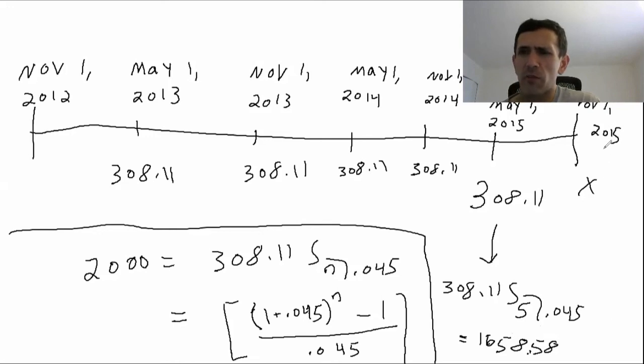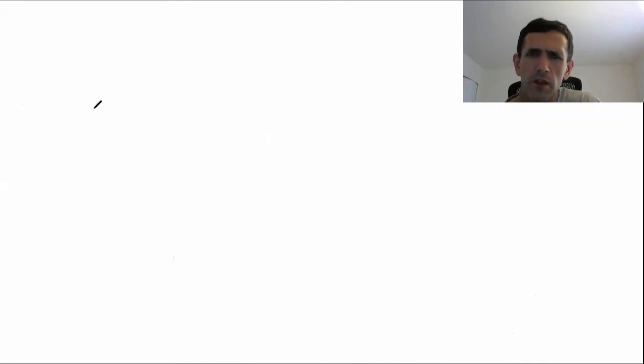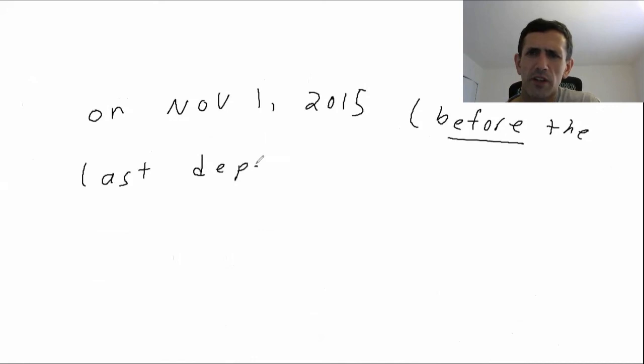And then on November 1st, 2015, before the last deposit, how much is in the account? What's the accumulated value of all these 308.11 payments?